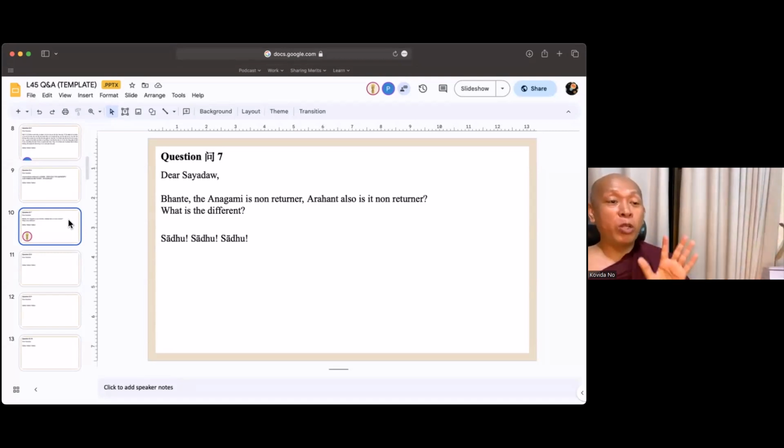This is called non-returner. Arahants may not come back to any existence. This is the difference between anagami and arahants. Anagamis can be reborn in the Brahma worlds, but will not come back to human realms. Arahants will not come back to any existence, any life.